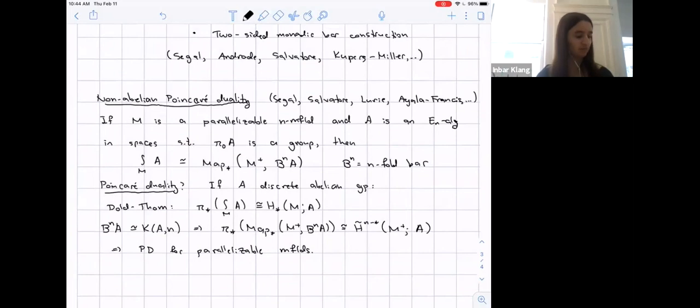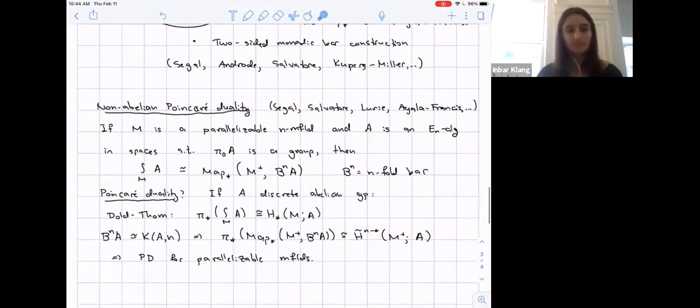So then this is called non-abelian Poincare duality because now we're not just taking coefficients in discrete abelian groups, but we're allowed to take coefficients in a more general class of algebras. So this is happening in EN algebras.